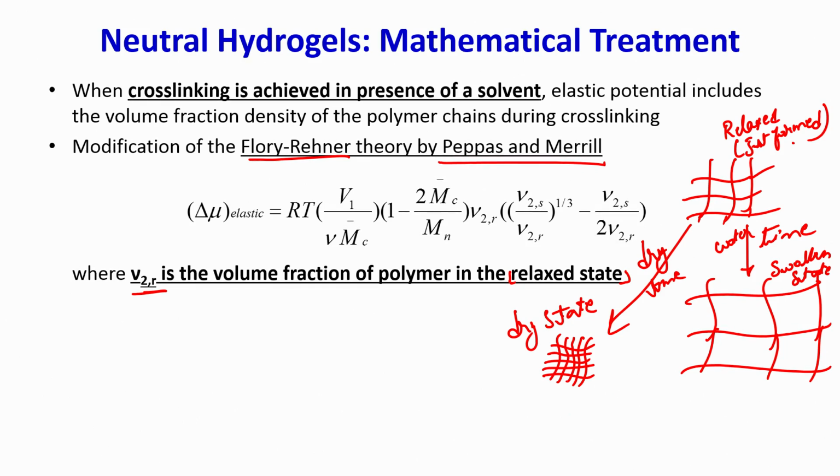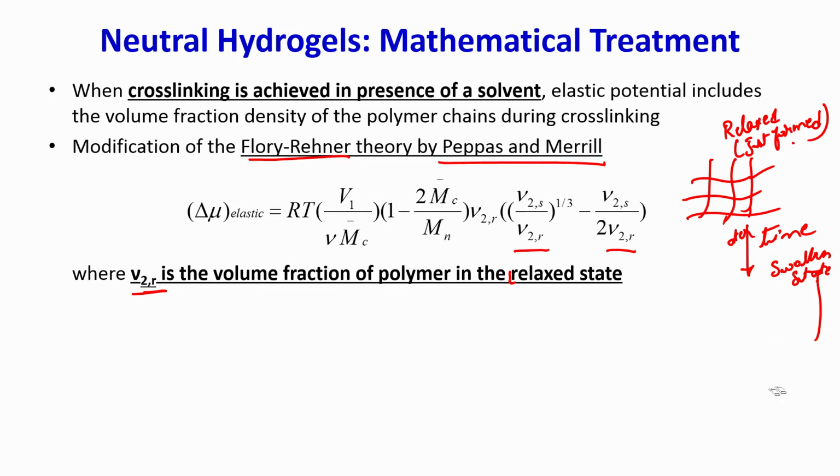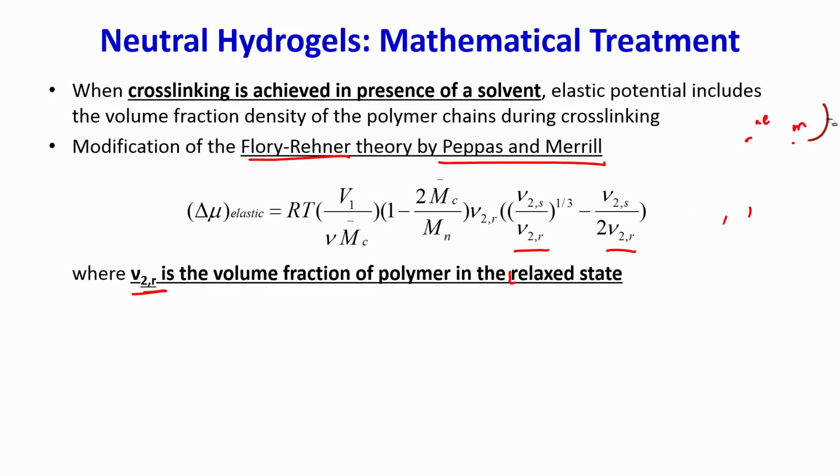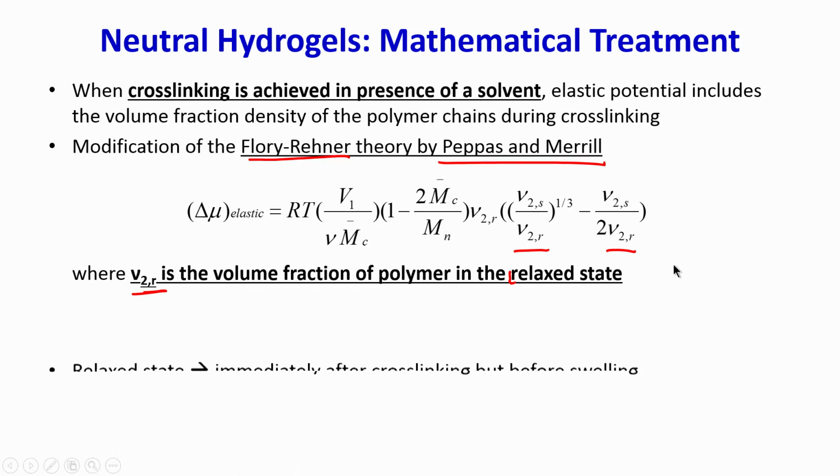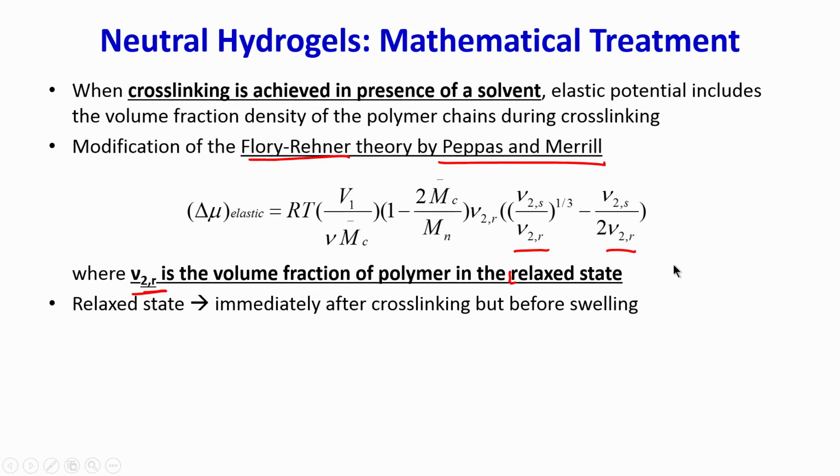But basically, that previous equation for mu elastic then gets corrected by this term of V2R, which is then reflected here. Okay. Now that we have done that, again, the relaxed state is basically immediately after cross linking, but before swelling.